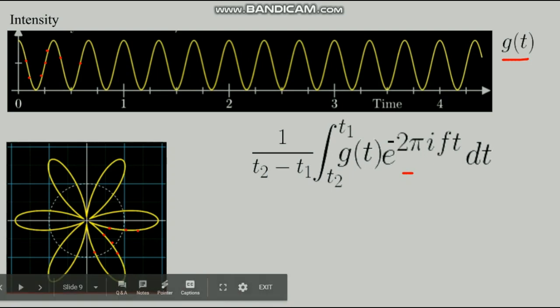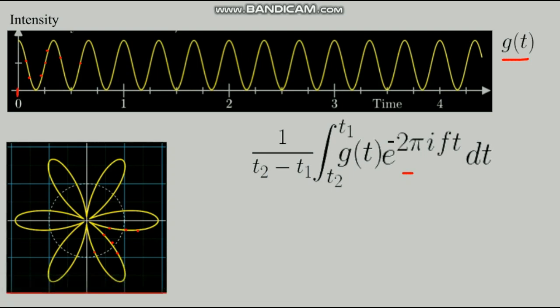Technically, what we'd be doing is choosing a time interval and simply sampling everything within that time interval, giving more accurate results. Basically, this entire current expression right here is just the center of mass of this graph.